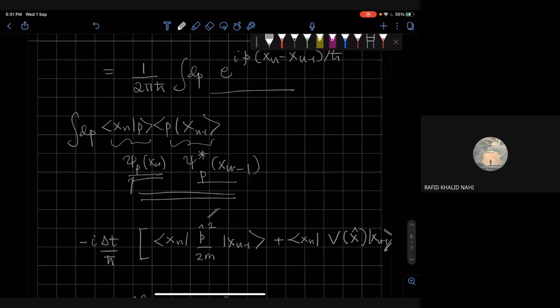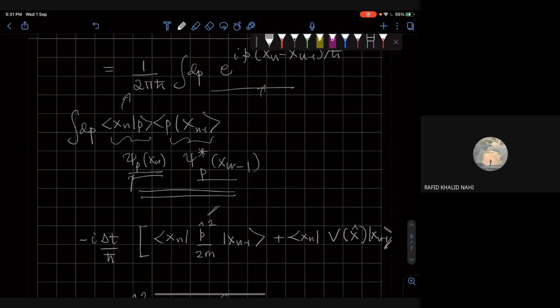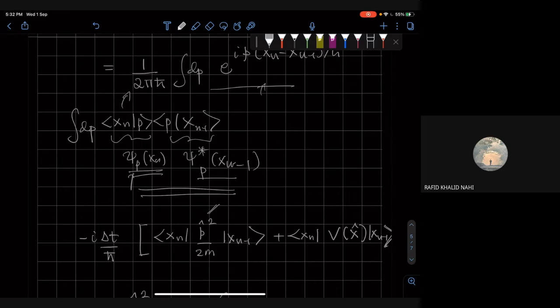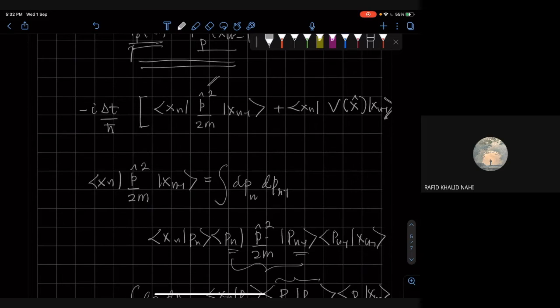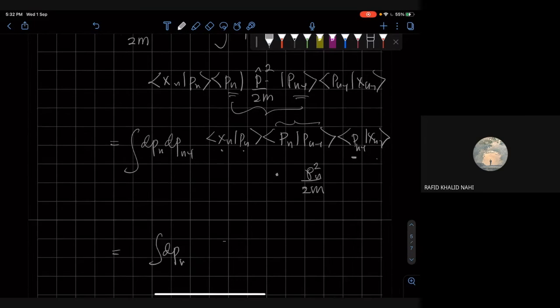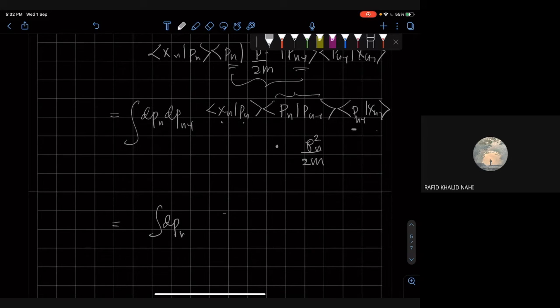So we're going to get e to the power i p times x n minus x n minus 1, and there's a 1 over h bar.